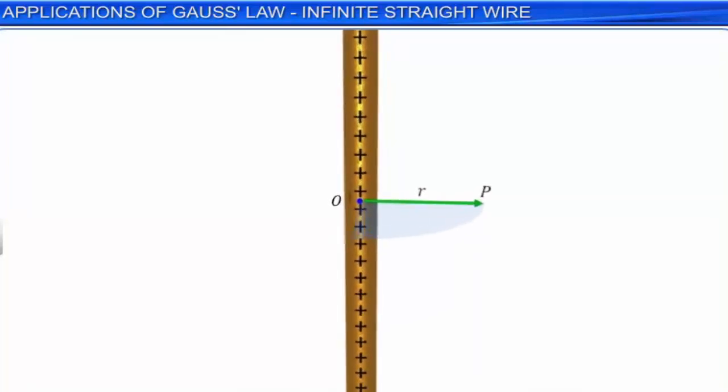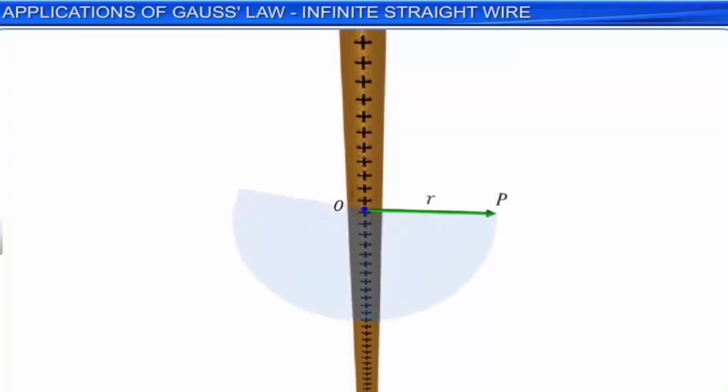Consider a point O on the wire. Consider a radial vector from O to a point P whose magnitude is R. This radial vector is normal to the length of the wire. If we rotate the radial vector about the point O, we get a circle.